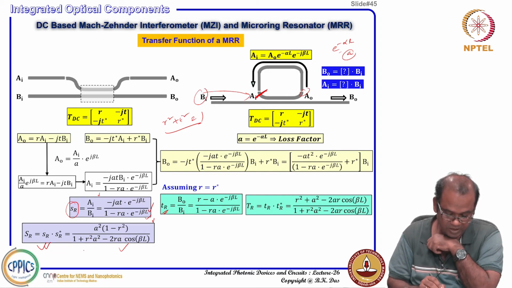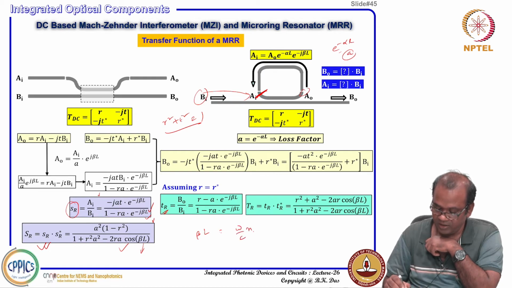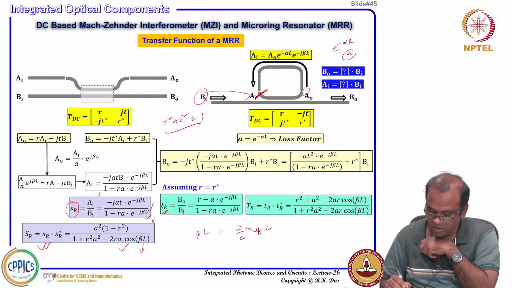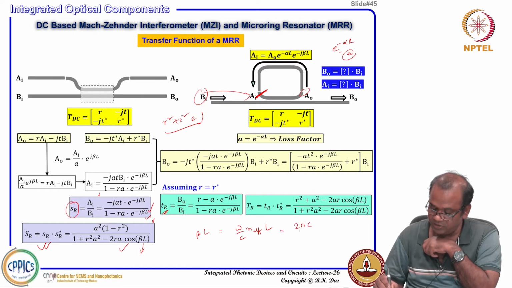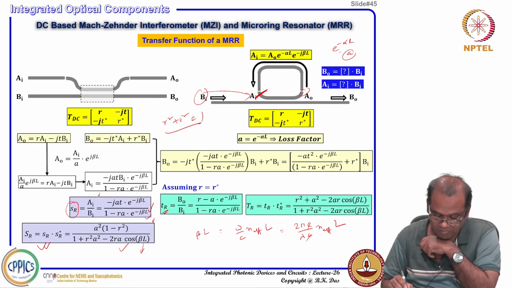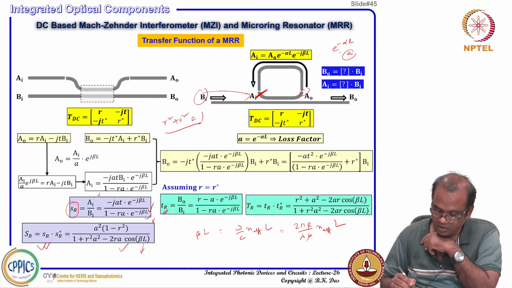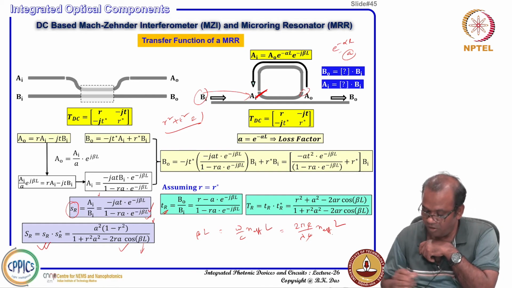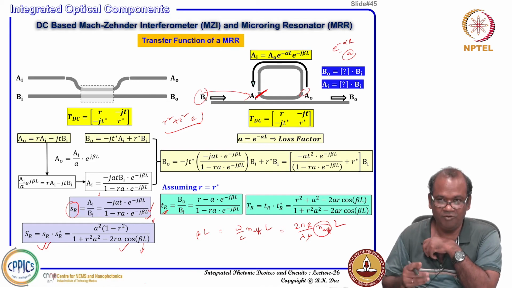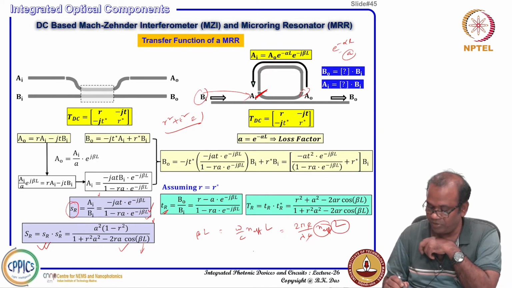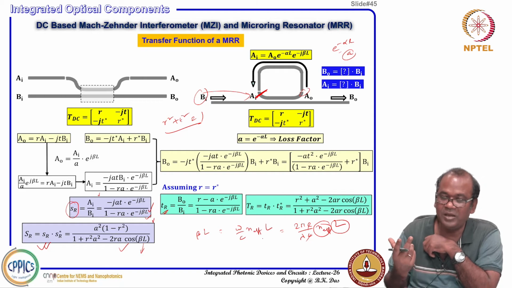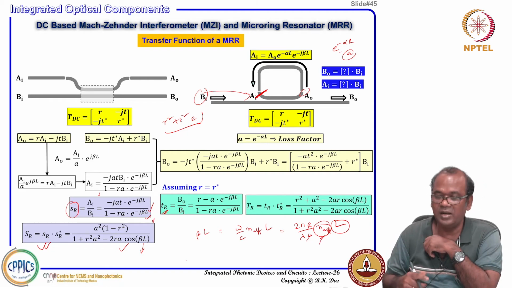All these are known. Now, if we inspect, the only variable is beta L. Beta L means omega by C times n effective times L. This omega we can write as 2 pi C by lambda, so C cancels, and we get 2 pi by lambda times n effective L. So, either omega or lambda, if I tune, I can change this beta L value, or I can change n effective, the waveguide effective index, or I can change L. Let us consider that the waveguide length, ring perimeter, and nature of the waveguide are fixed.